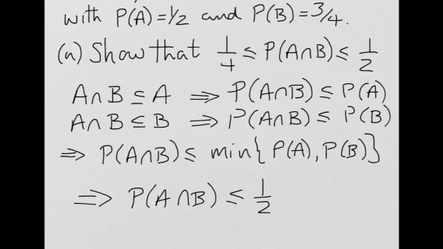Okay, so let's turn our attention now to the lower bound. We need to show that the probability of A intersect B can't be smaller than a quarter.